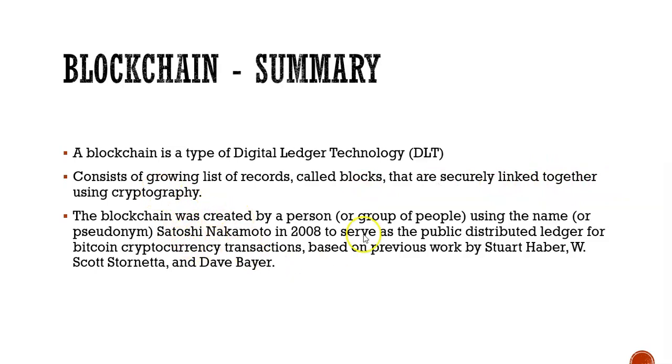The blockchain was created by a person or group of people under the pseudonym Satoshi Nakamoto in 2008, and this is the first distributed public ledger, which keeps track of all the Bitcoin cryptocurrency transactions. Satoshi Nakamoto used the ideas given by Stuart Haber, Scott Stornetta, and Dave Bayer.